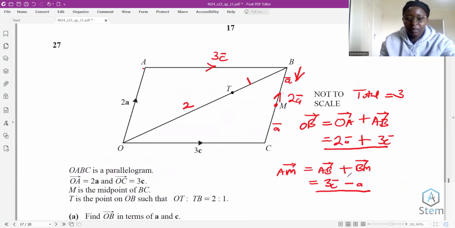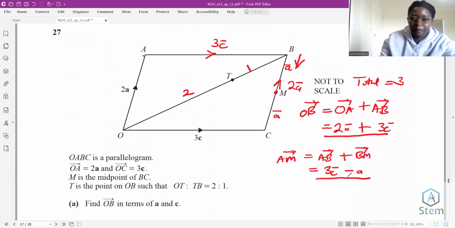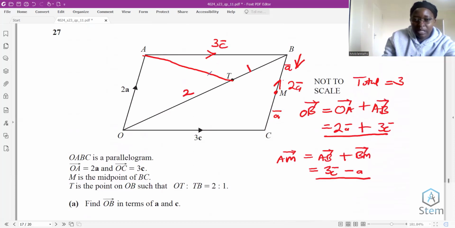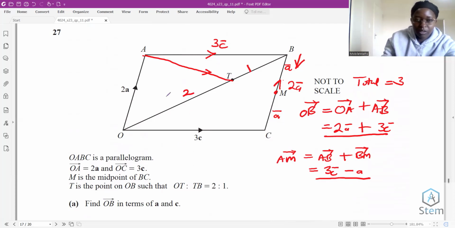Let's go to the next one. The next one is saying, find AT. We want to find AT. Okay, so we want to find A to T like this. So this is what we are looking for. So you find out our AT, we can find it following the route AO, this one, AO plus OT.